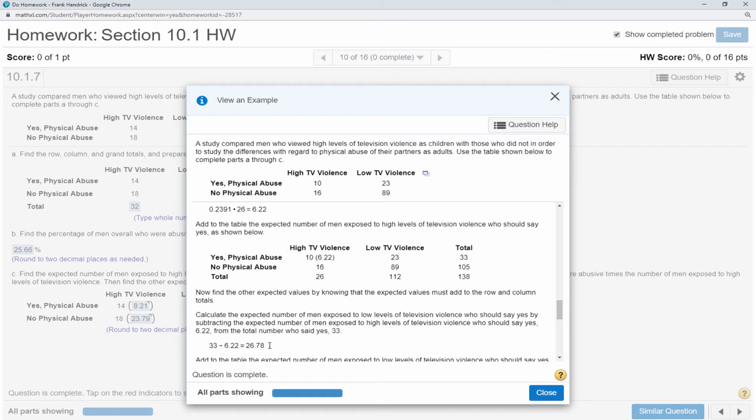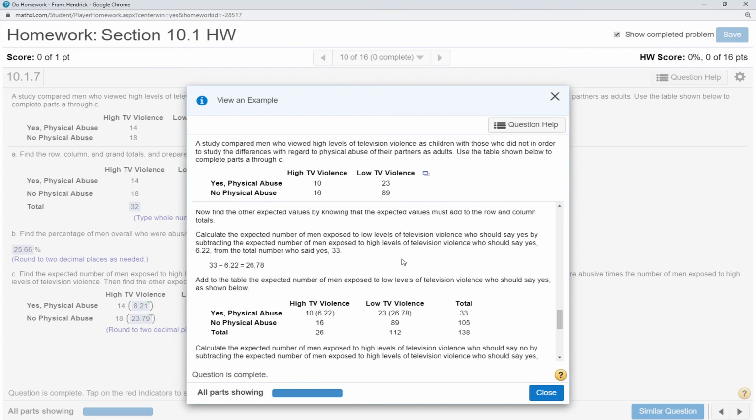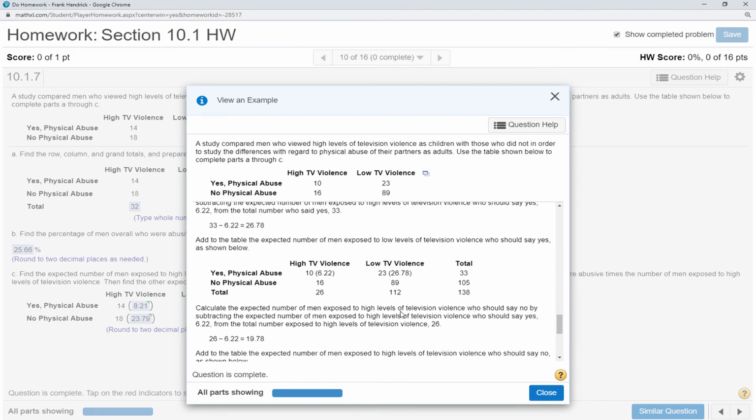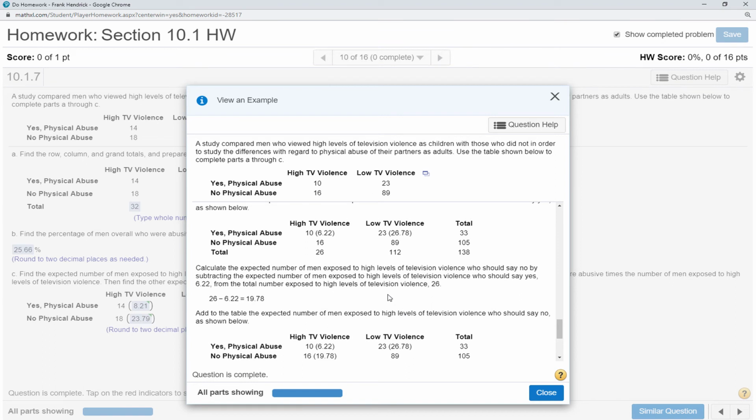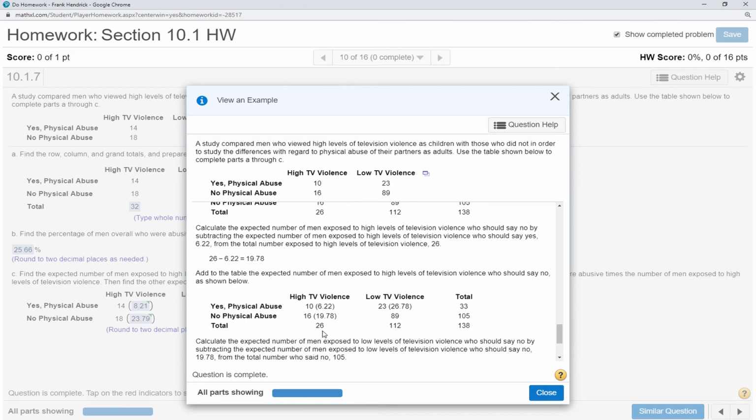Now find the other expected values, knowing that the expected values must add to the row and column totals. So if they have 33 here, that would mean that this is going to be 26.78. And then they can fill it in here, and that'll be 19.78 there.